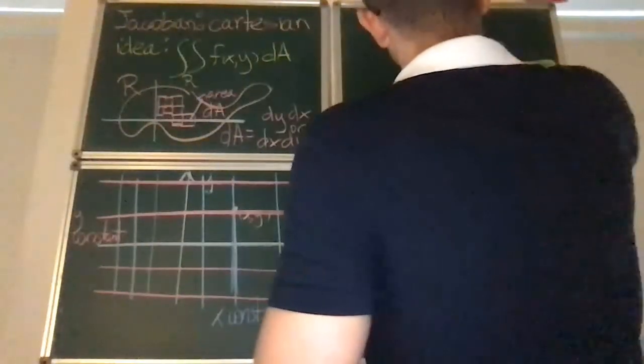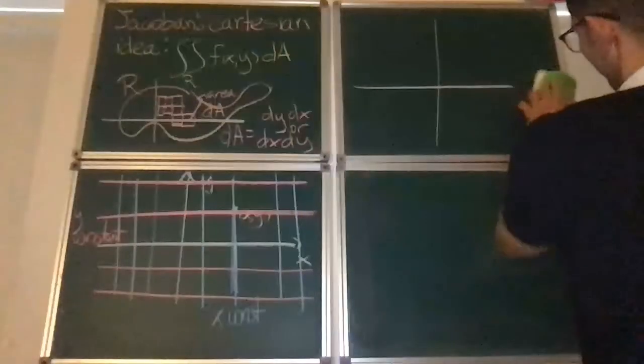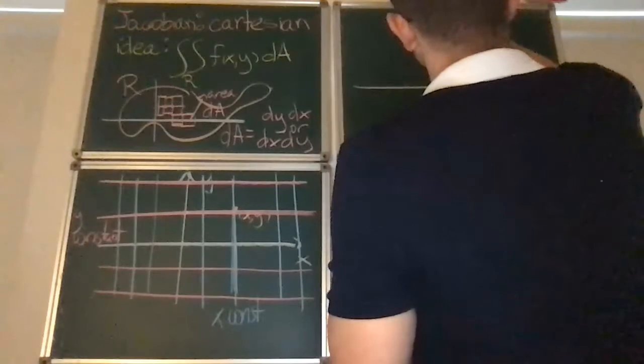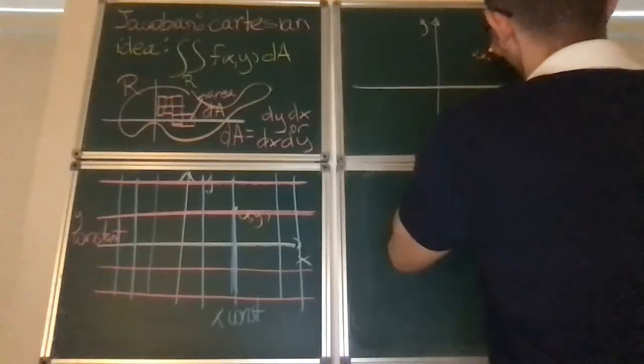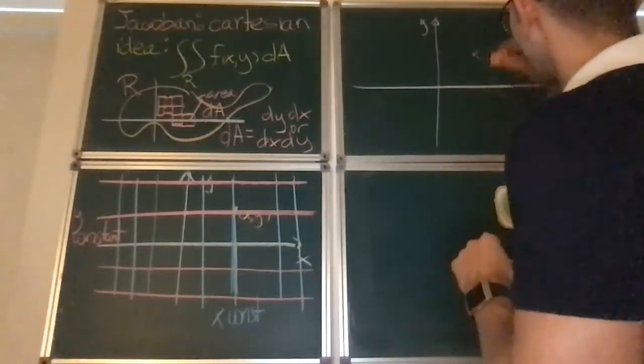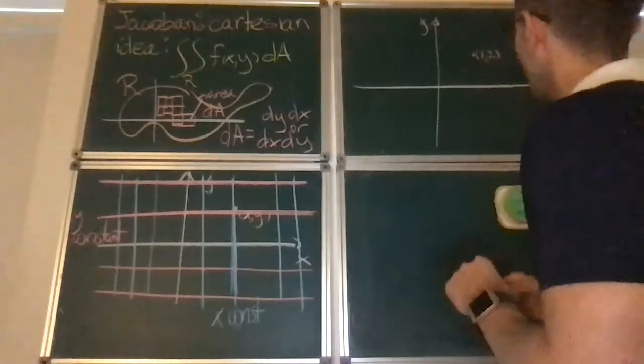Let's see. So let's take this point. Here we had the point x comma y. Let's try to make this even more concrete. Let's say that this is actually 1 comma 2. The particular details of which point I choose are really not that important. So this is just to illustrate it and make it easier.